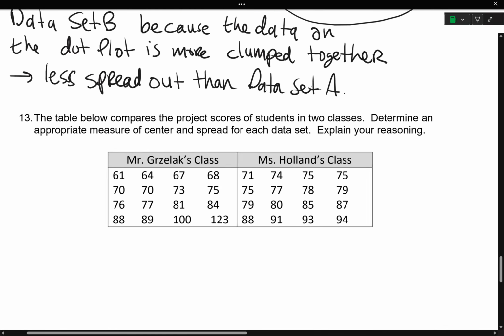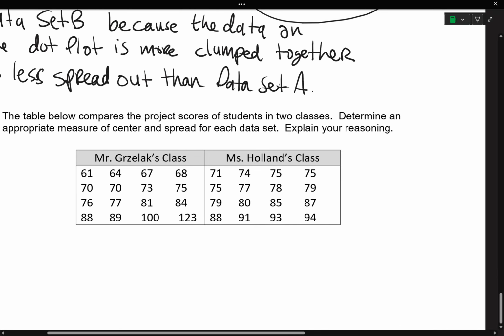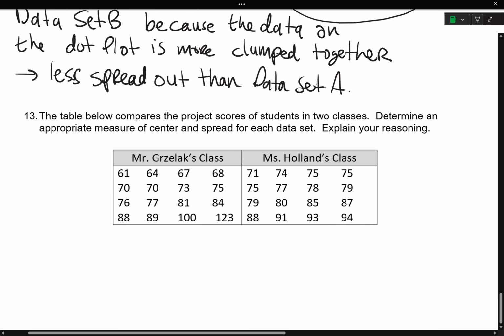And lastly, the table below shows and compares the project scores of two classes. Determine the appropriate measure of center and spread for each data set and explain your reasoning. Okay. In order to find the measure of center and spread, we need to find the mean and the median.